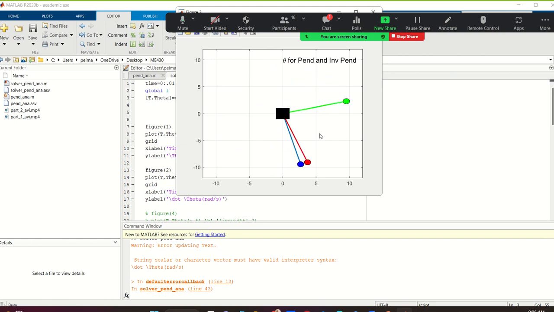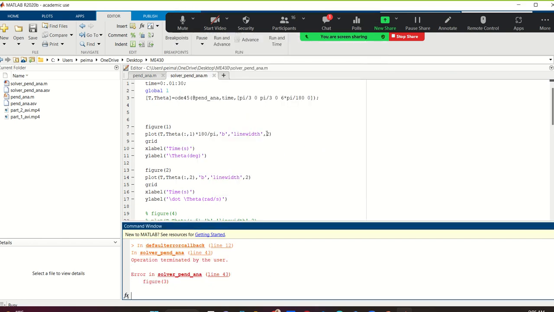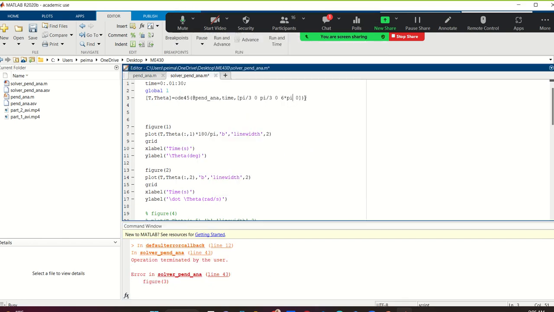At the equilibrium point, it stays there. See, this is the equilibrium point exactly that we got, 0 and 0.